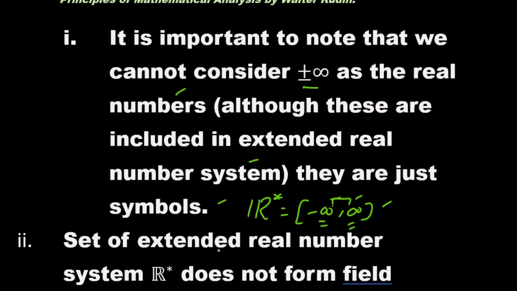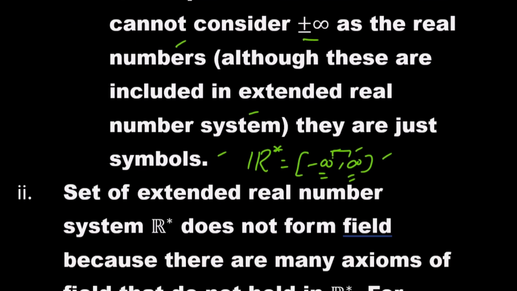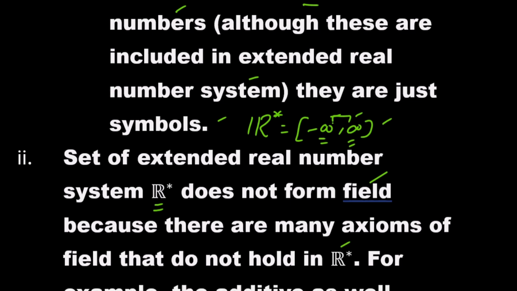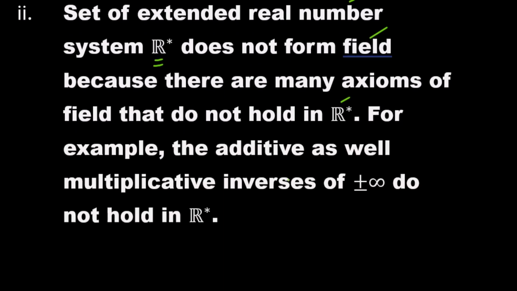The further one is also very important and can be asked in your viva voce exam. The set of extended real number system R star does not form a field, because many axioms of a field do not hold in R star. For example, the additive as well as multiplicative inverses of plus minus infinity do not hold in R star.